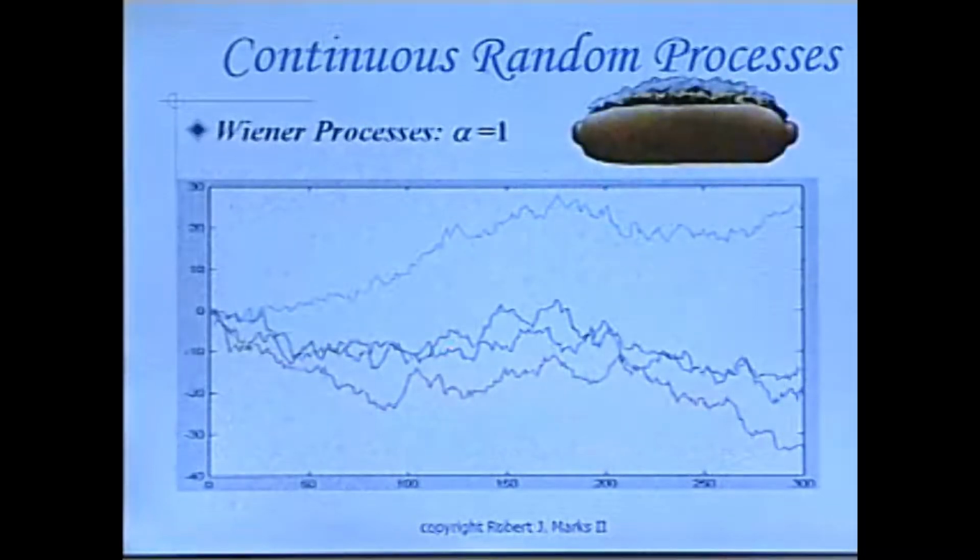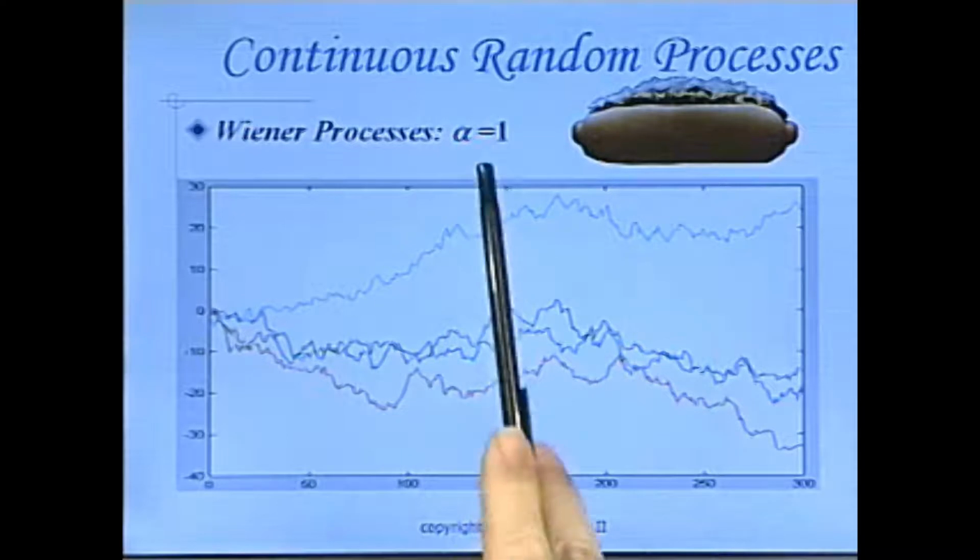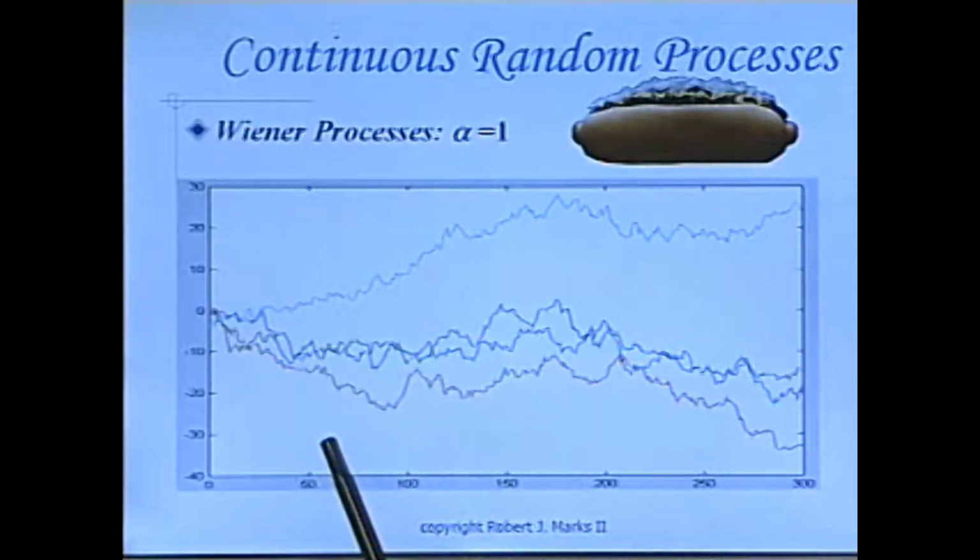So this is the Wiener process. Here are some examples of Wiener processes. This is for alpha equal to 1. It's a very simple matter to go to MATLAB, generate a random Gaussian vector, randn, and then do a cumulative sum operation on it, and boom, if you shrink down the time domain sufficiently so that it looks continuous, you get a Wiener process.